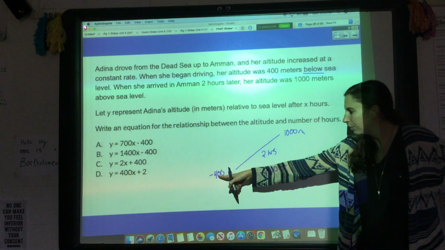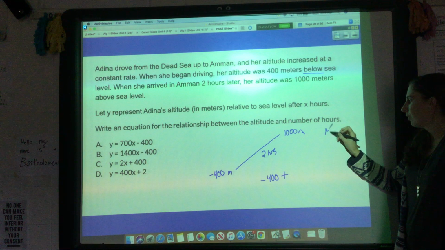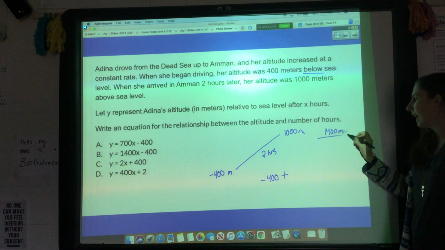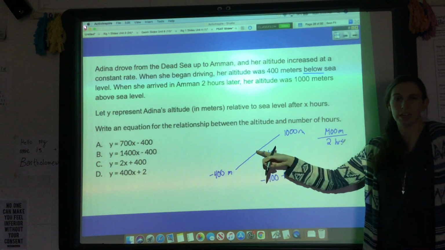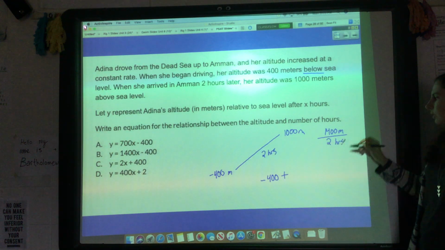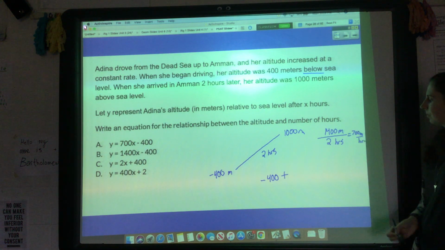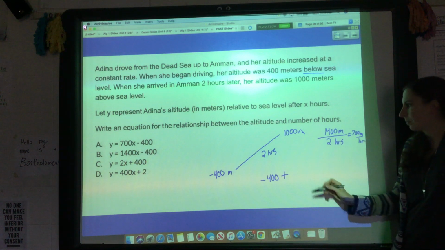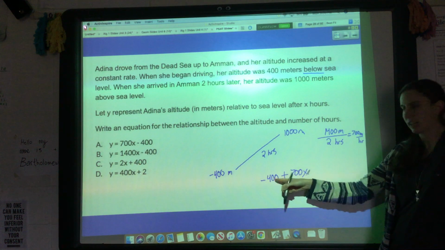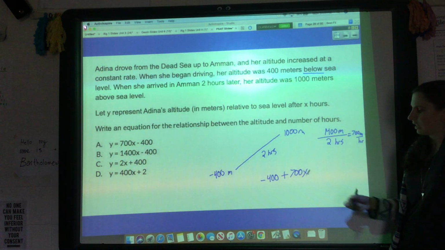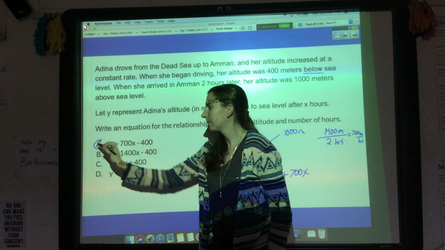She went from negative 400 to 1,000, which is an increase of 1,400 meters, but that was out of 2 hours. So how much was she increasing in just 1 hour? Well, just divide those, and you get 700 meters per hour. So that's kind of like your slope. You'll take 700 and multiply it by the hours, and then start at negative 400. If you rearrange those a bit, you get A.